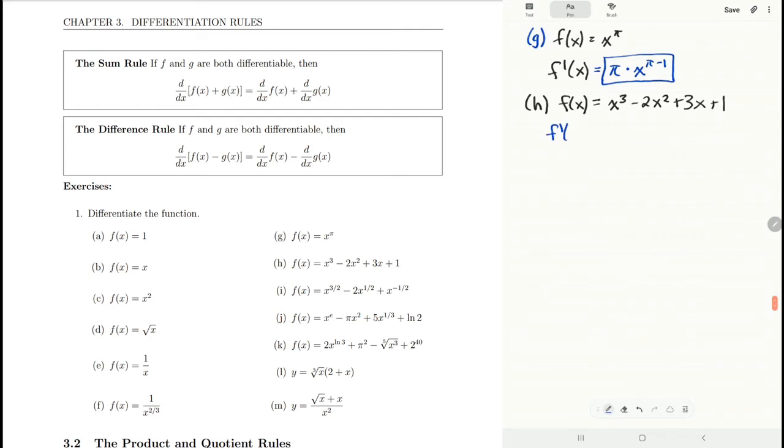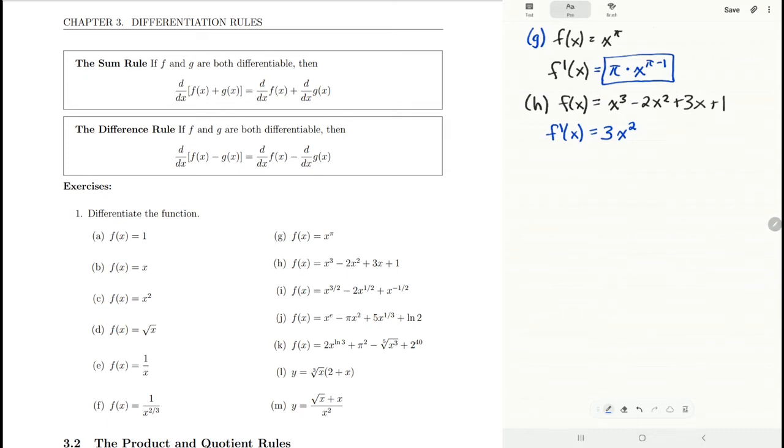So let's have a look at f prime of x. So the derivative of x cubed, we'll apply the power rule. So we multiply the exponent in front, which is 3, and then we subtract 1 from the exponent. So 3 minus 1 is 2. So we have 3x squared.